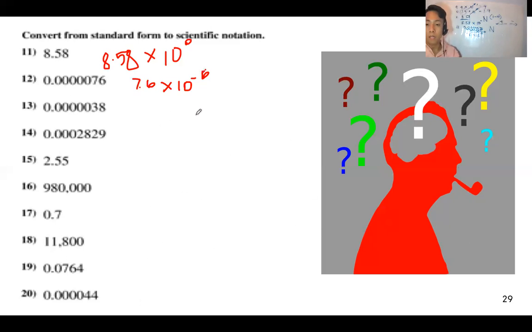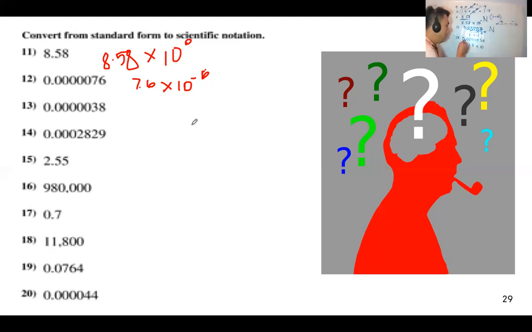We are now moving to number 13. Okay, number 13 tayo. Ilang zeros? 1, 2, 3, 4, 5. 0.0000038. Same process as this. Okay, ilagay natin yung point dito. So it will become 3.8. Our n is 3.8 multiplied by 10. And what will be the number here?